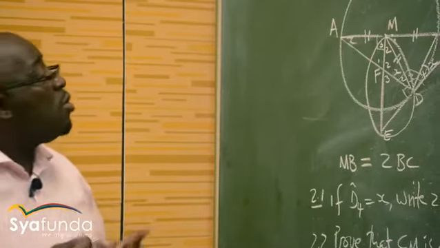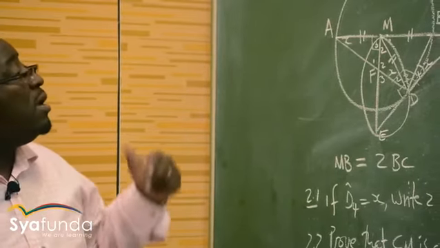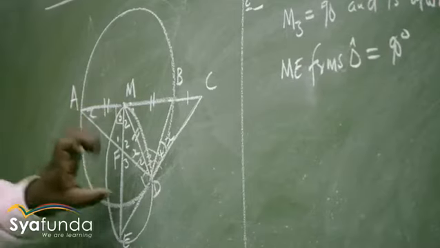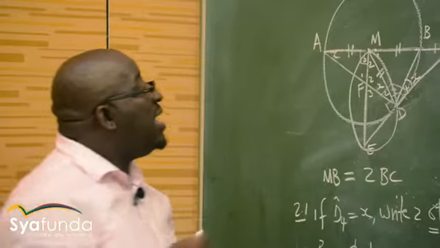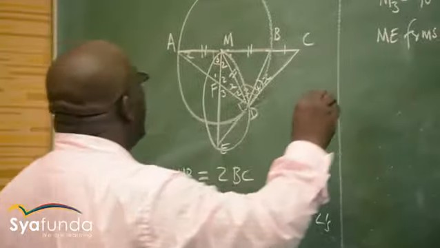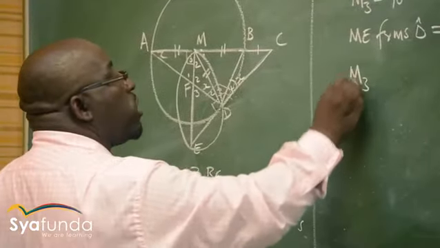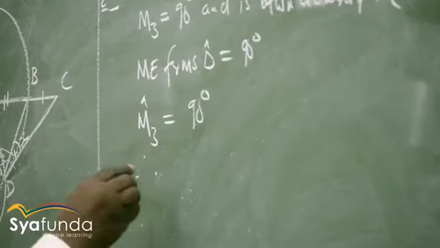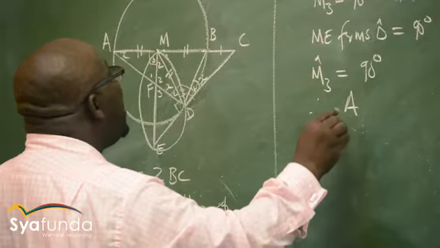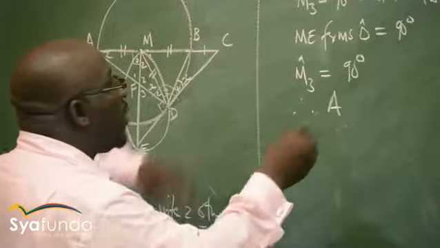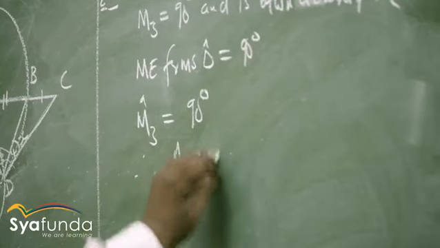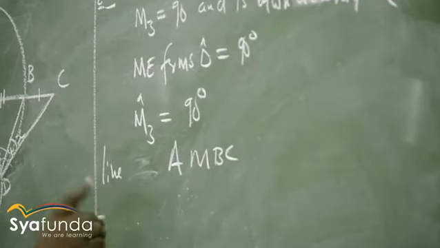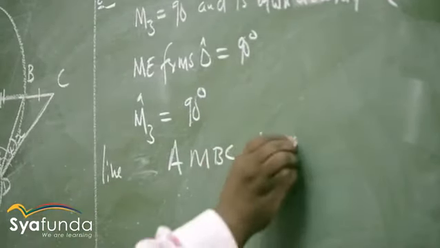That's how we go about doing question 2.2. We say ME forms angle D at the circumference, which is equal to 90 degrees, as well as angle M3 is also equal to 90 degrees. Therefore, line AMBC, the whole line, is a tangent.